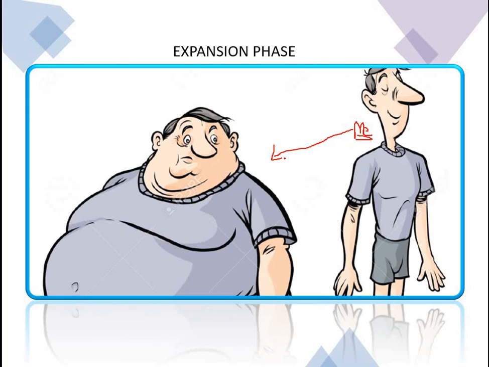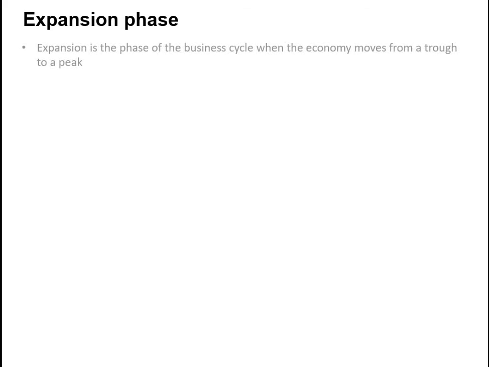Yes, let's look into this expansion phase. The expansion phase of a business cycle is when the economy moves from a trough to a peak. When we talk about a trough, this is a bad situation, isn't it? Inflation can be more than 100%.